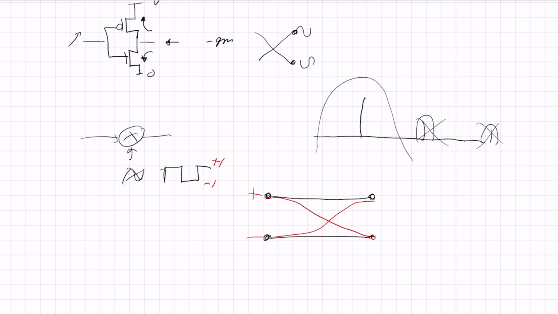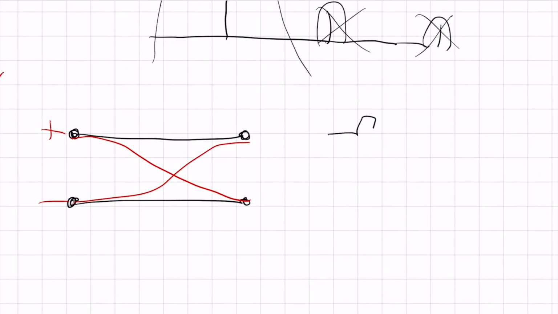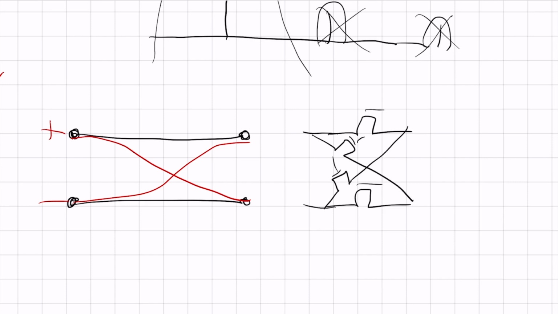So in practice, a mixer is a circuit with 4 transistors, 2 to pass them on, and 2 crossed ones to send them to the other side. So that's just 4 transistors. So it's a very elementary circuit.